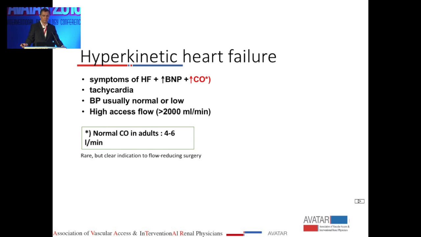We have some data, not based on a large series because it's a rare condition, but hyperkinetic heart failure is characterized by symptoms, high BNP, high cardiac output, tachycardia, and the vascular access flow volume is usually high, at least 1500 or so, and the blood pressure is normal or low.